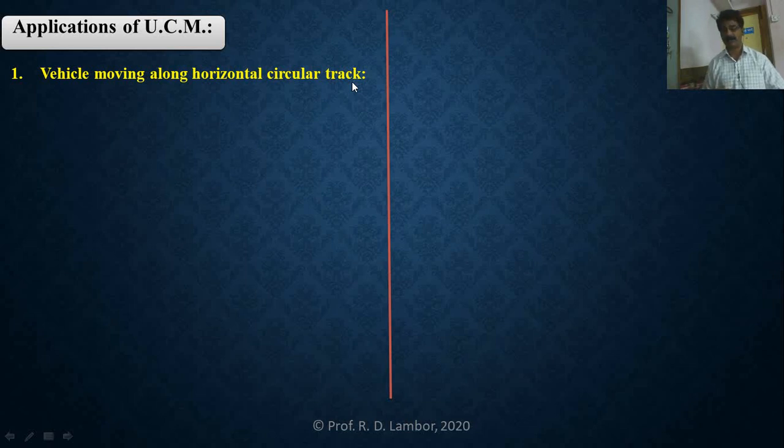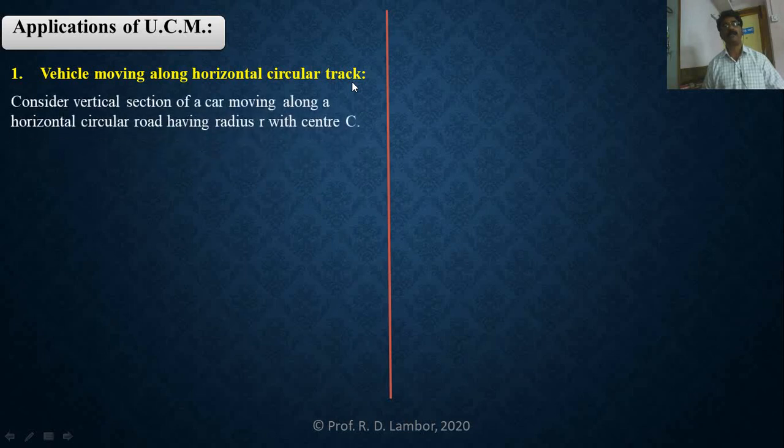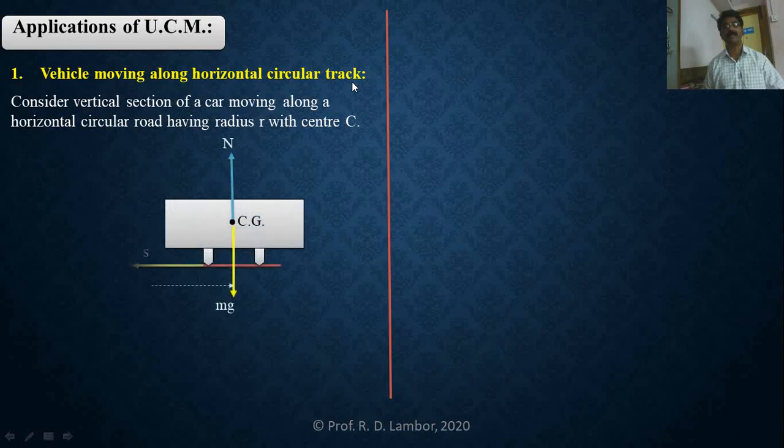Initially, we will consider the vertical section of the horizontal circular track whose radius is r and center is C. That vertical section can be diagrammatically represented like this. See this clearly. In this diagram, this one is our horizontal circular track whose outer edge and inner edge are both at the same level.